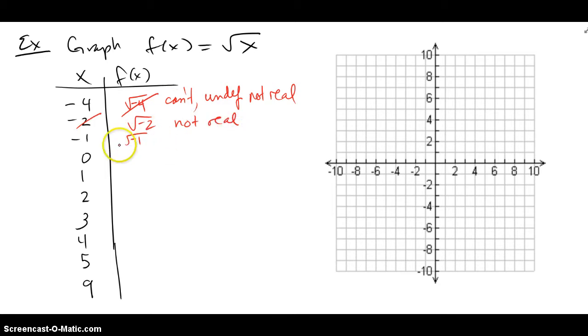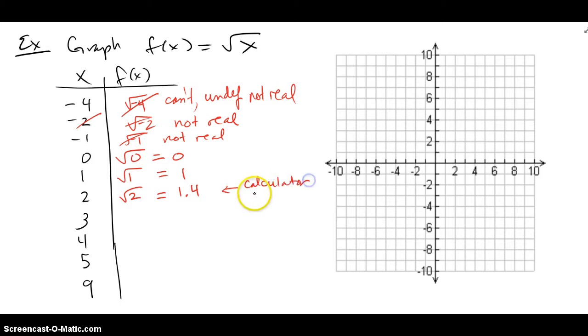Same thing for -1, that's also going to be not real. And then the minute I get to 0, square root of 0 is 0, so that's okay. When I input the 1, square root of 1 is 1. When I input the 2, square root of 2 is 1.4.